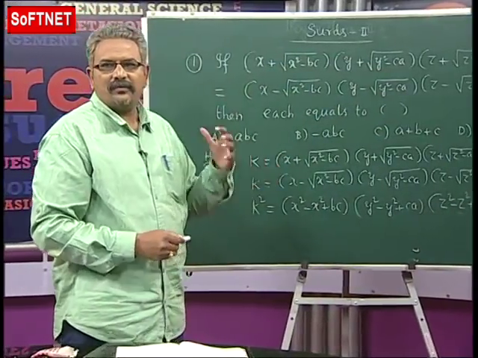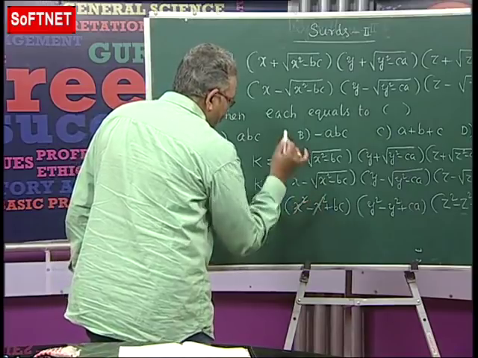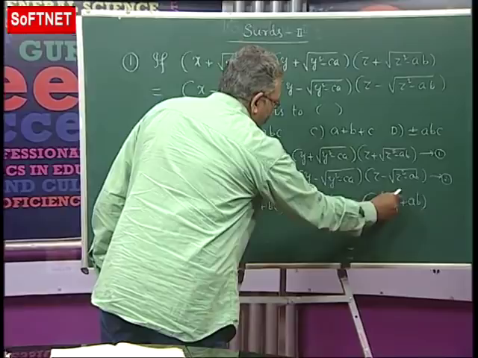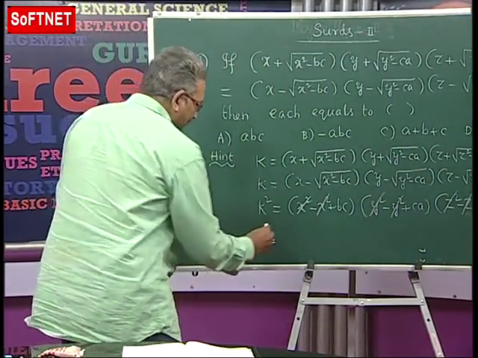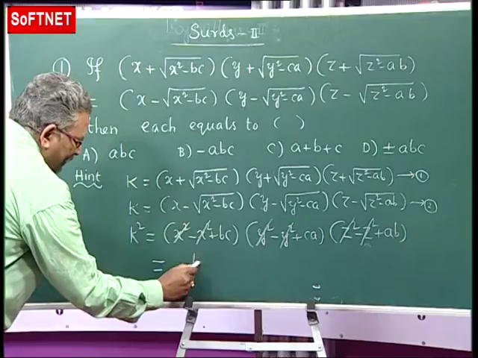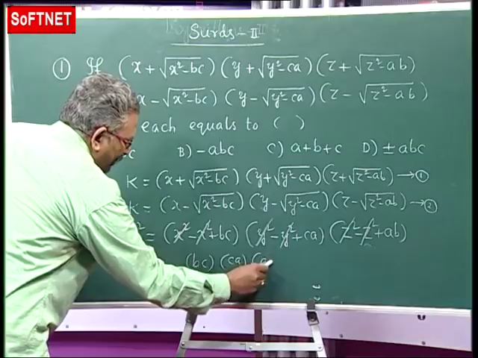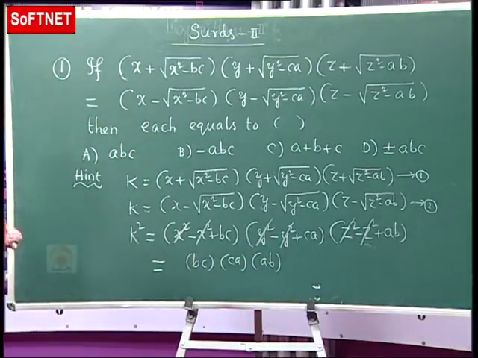Let us perform simplification. x square gets cancelled, y square gets cancelled, z square gets cancelled. Now here bc multiplied by ca multiplied by ab.